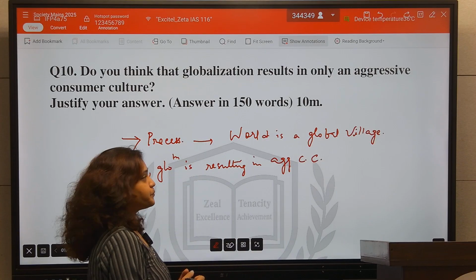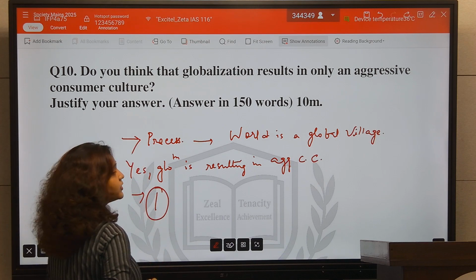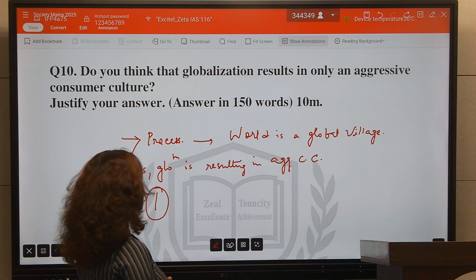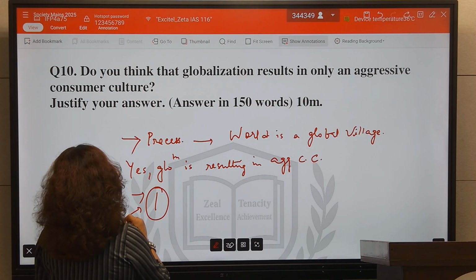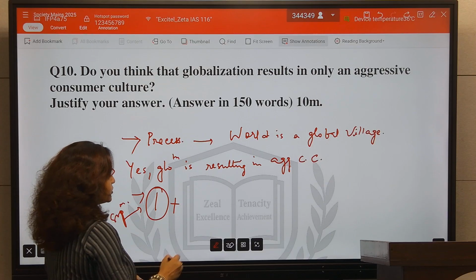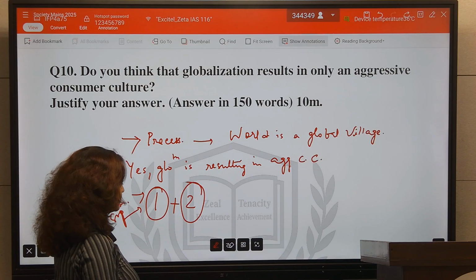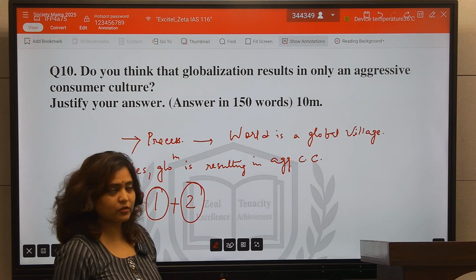For example, you need only one mug. You go to the supermarket and buy it. But you see another mug which is very cute, probably with a Doraemon painted on it, and you like it.